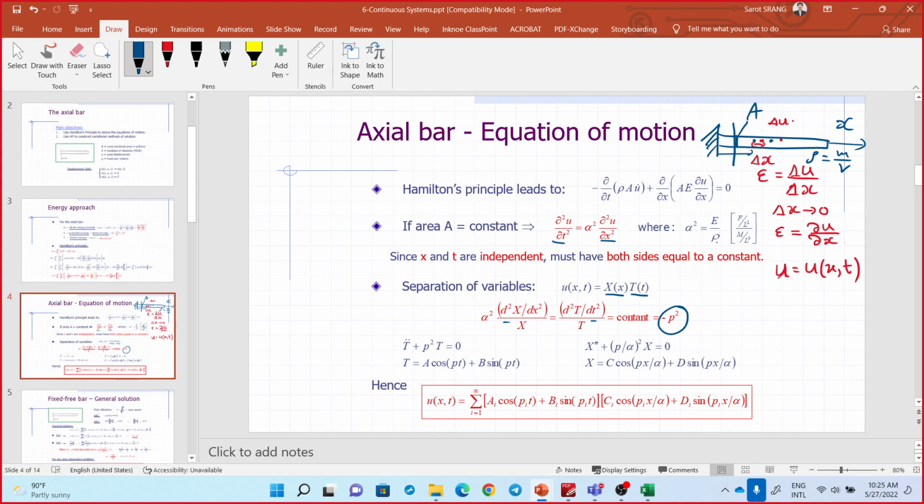Then we can solve separately for the function capital H and for the function capital T. So the homogeneous solution for T takes this form, and the homogeneous solution for capital H takes this form. Because the characteristic equation has complex roots, purely complex roots, the solution takes the form of trigonometric functions for both capital T and capital H.